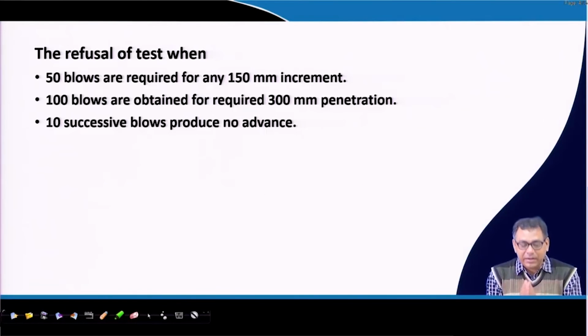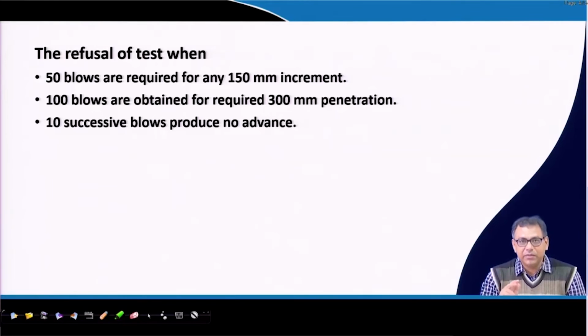For that purpose we have to satisfy a few conditions. If 50 blows are required for any 150 millimeter increment, then we will stop there. Or if 100 blows are required for any 300 millimeter penetration, then also we will stop there. Or if 10 successive blows produce no advance, then also we will stop.